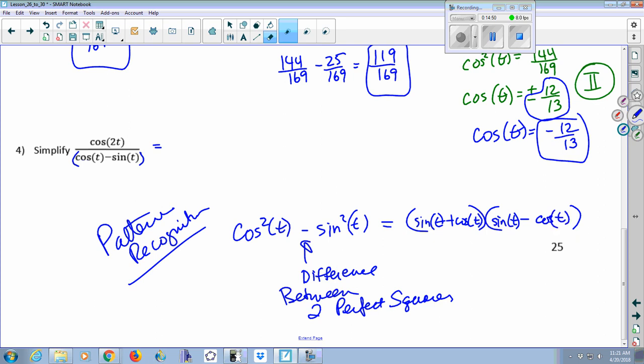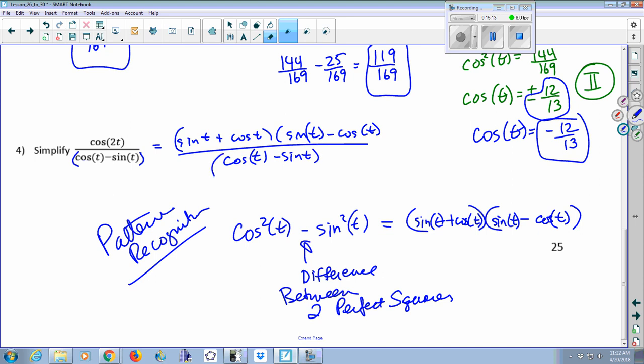That's how I factor the difference between two perfect squares. So sine of t plus cosine of t times sine of t minus cosine of t, all over cosine of t minus sine of t. Uh-oh, doesn't look exactly the same.